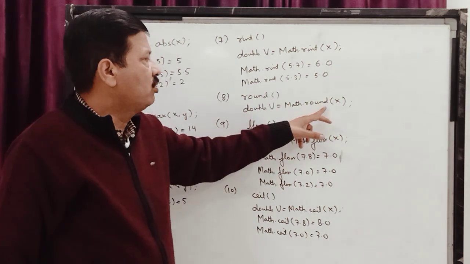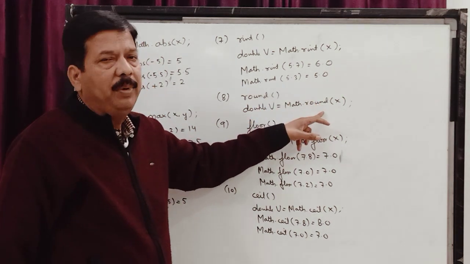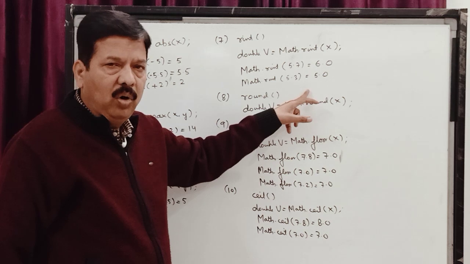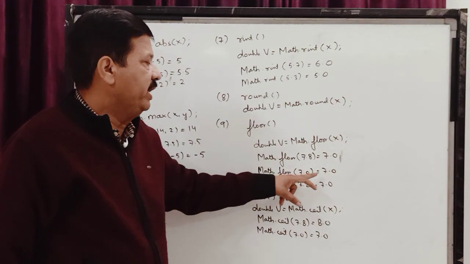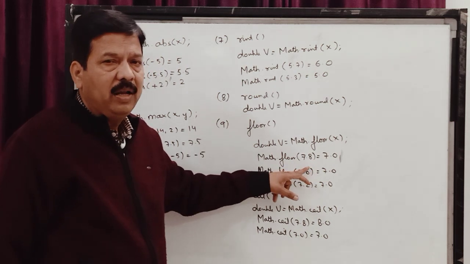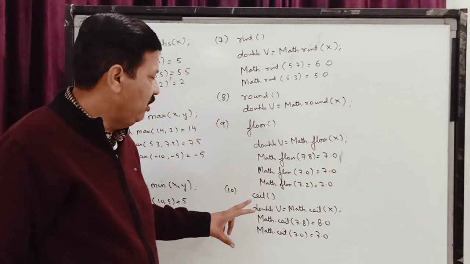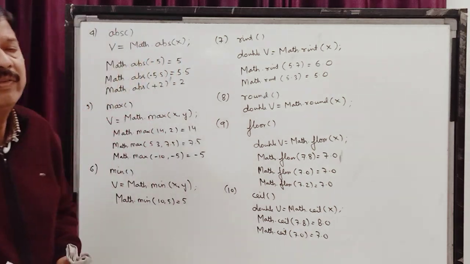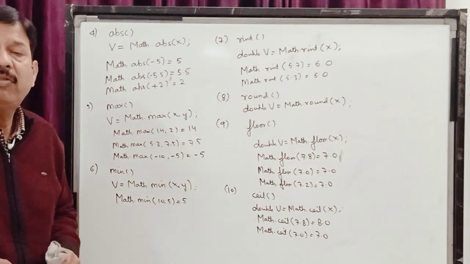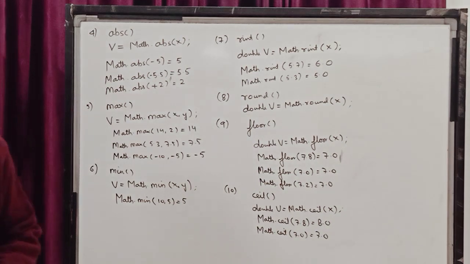Round function is also rounding off its argument to the nearest decimal whole number. And children, floor is giving us a value which is equal to or less than its argument, and it is returning us a double value. Ceil is returning us a value which is equal to or greater than its argument. It is also returning us a double value. I hope children this is clear.